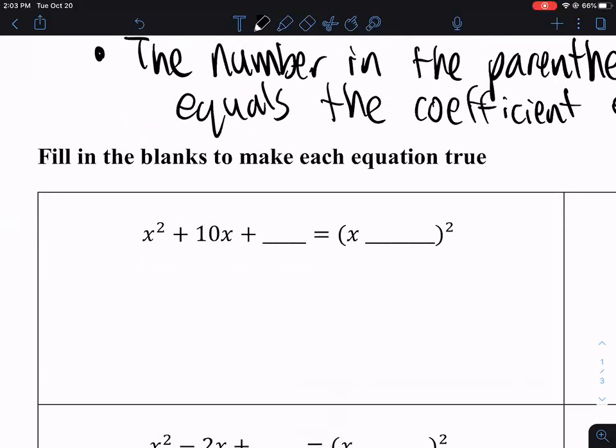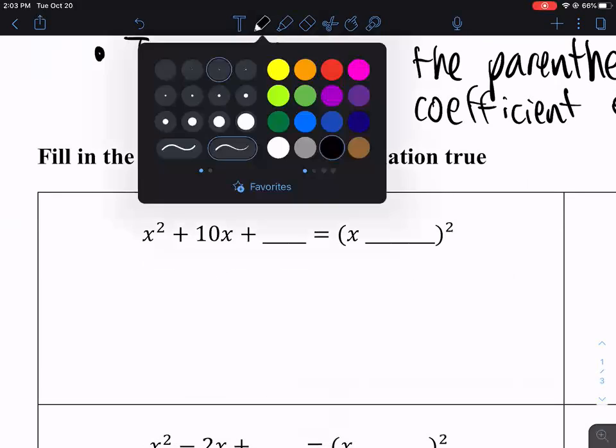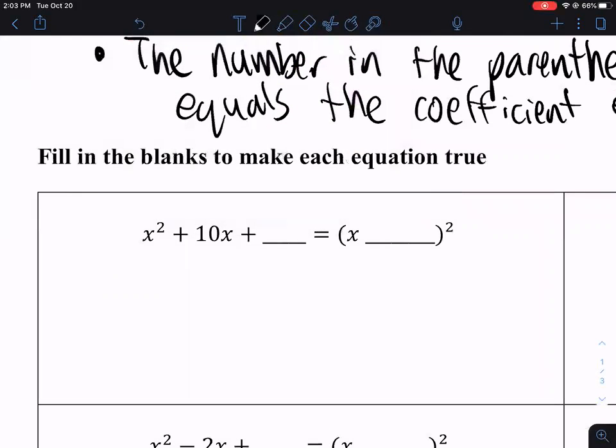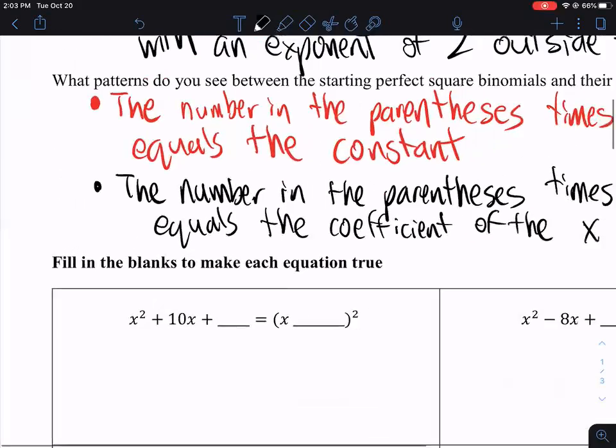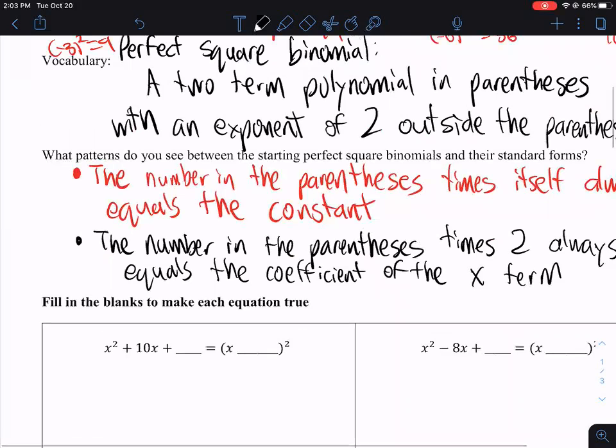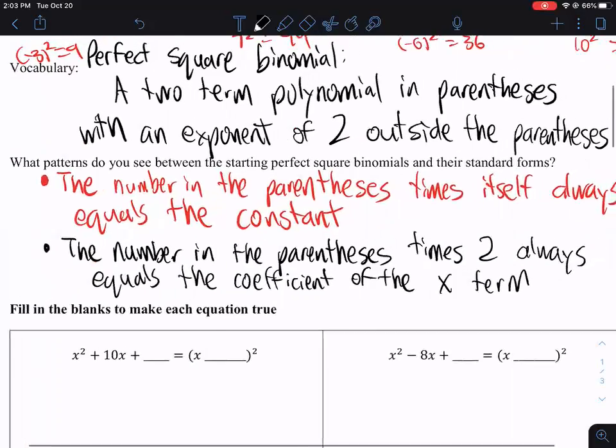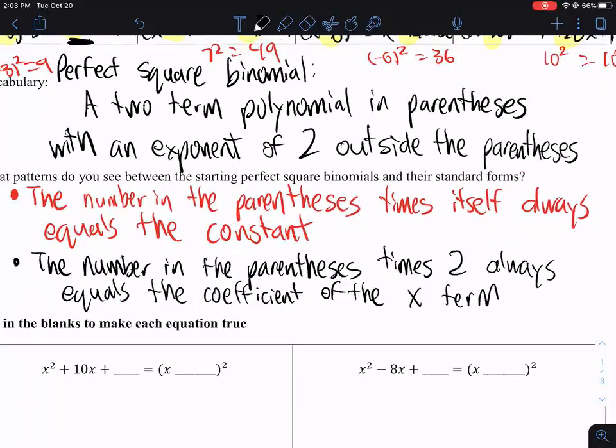You need to fill them both in so that the two sides are equal. This might sound pretty tough, but using the patterns we just figured out together, we should be able to do it. So any ideas where to start? Again, it's got to be based on the patterns we just found.